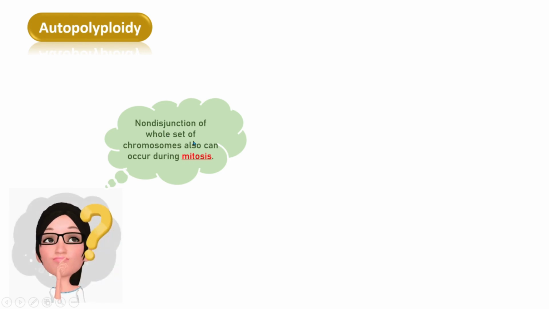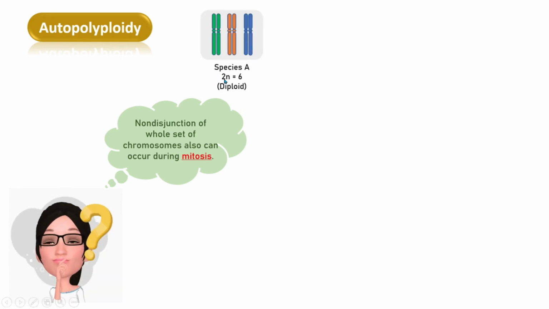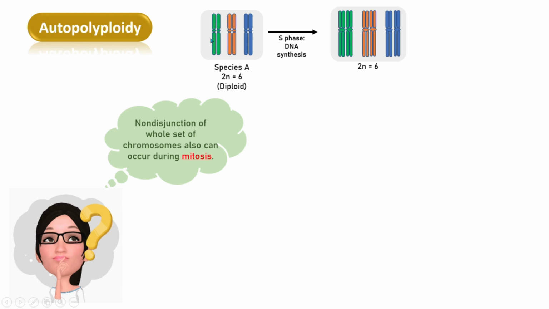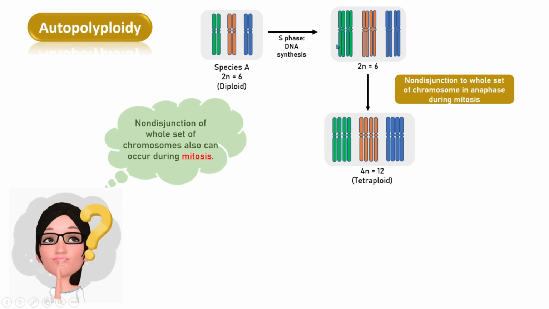Non-disjunction of the whole set of chromosomes can also occur during mitosis. A species A diploid cell has 6 chromosomes. During S phase in DNA synthesis, each chromosome undergoes duplication forming sister chromatids. During anaphase of mitosis, sister chromatids will separate and move to opposite poles and pass down to another cell.